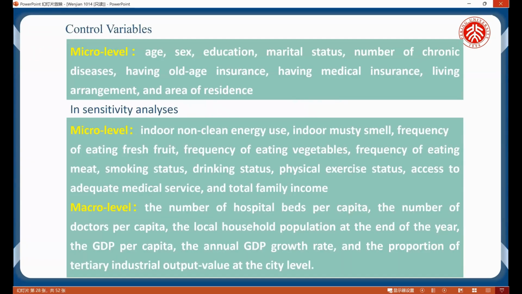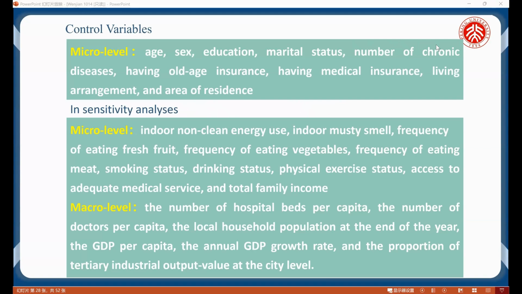The control variables include age, sex, education, marital status, number of chronic diseases, having old age insurance, having medical insurance, living arrangement and area of residence.